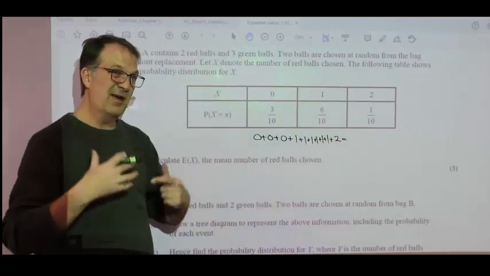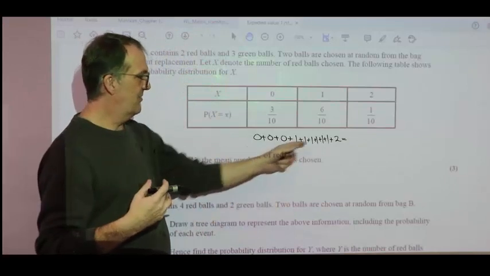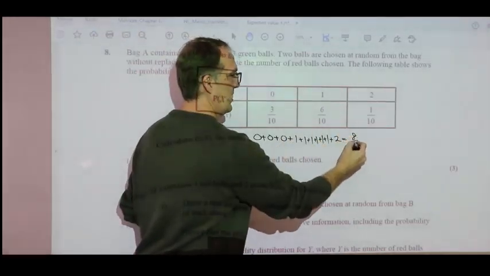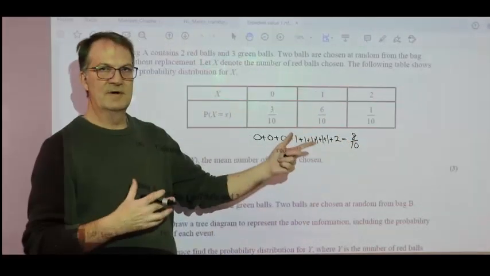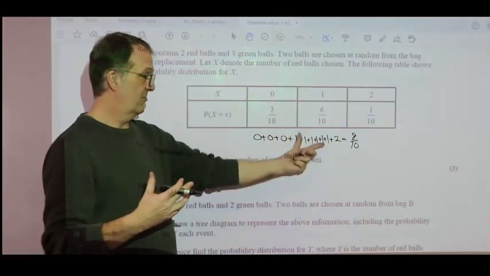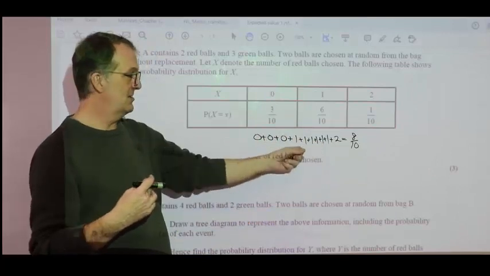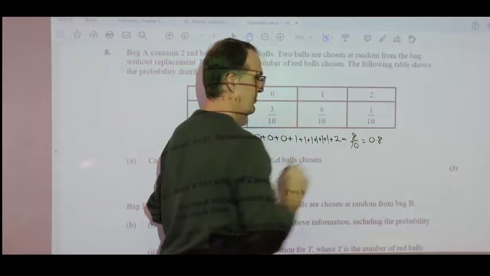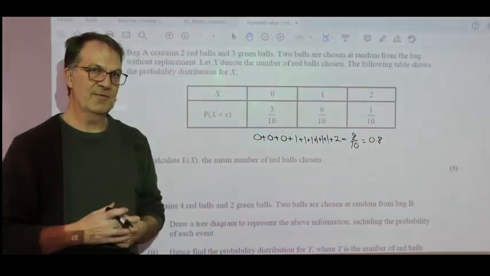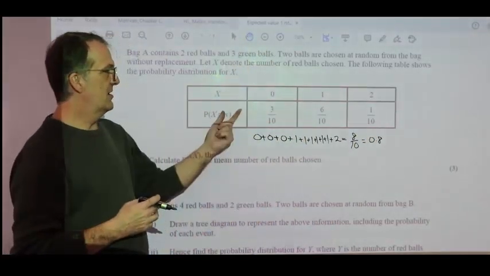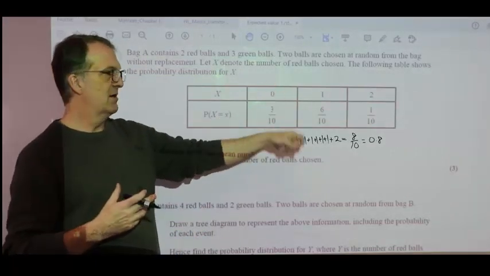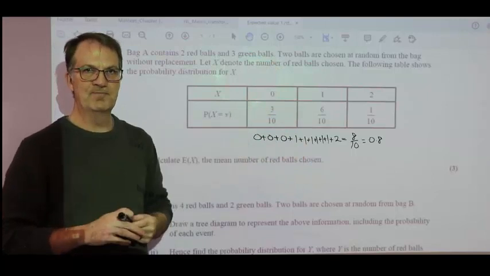And again, we're thinking of this as a mean and average, so add these all together. 6 plus 2 is 8 out of the 10 times that we did it, so we're dividing by 10 because we have 10 numbers there, and we can say, right, that's 8/10. So the average number of red balls we took out was 8/10 of a ball.